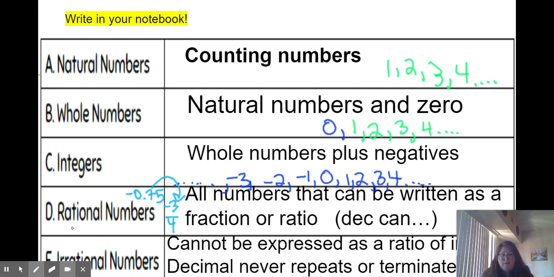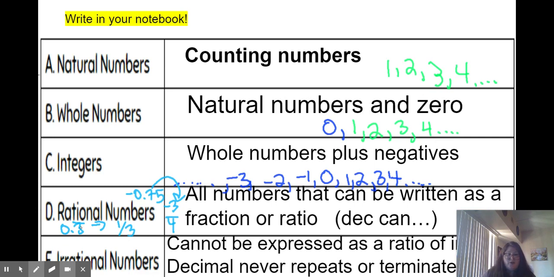Next, we have, let's say, 0.3 repeating. That's a decimal. It doesn't terminate like 0.75 did, but it does repeat, which means if I want to convert it, I can say that's equal to a fraction of 1/3. So 1/3 is a ratio or a fraction.